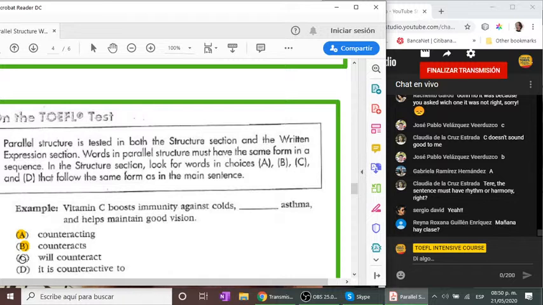C. Vitamin C boosts immunity against colds, will counteract asthma, and helps maintain good vision. D. Vitamin C boosts immunity against colds. It is counteractive to asthma and helps maintain good vision.